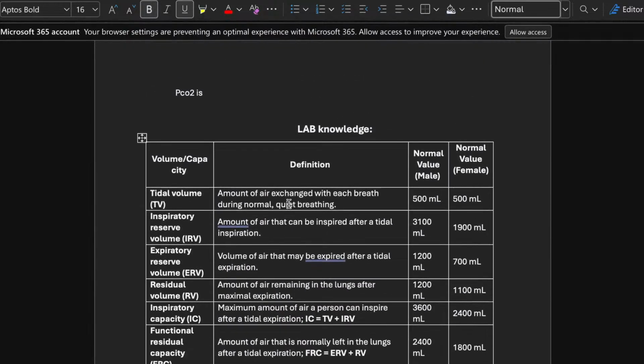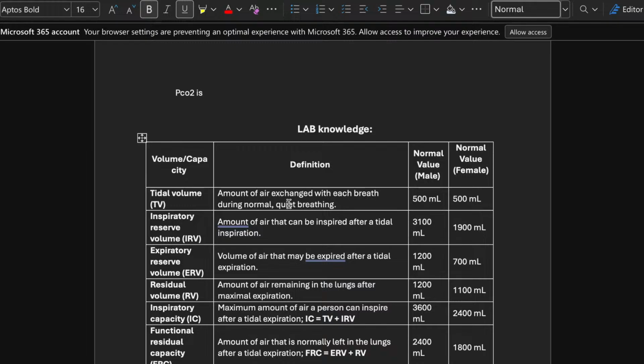Okay, so the only thing we've got to know is the numbers. Tidal volume is 500. So that is how many milliliters are being exchanged in quiet breathing. And I remember 500 because tidal is spelled with 5 letters. See that?